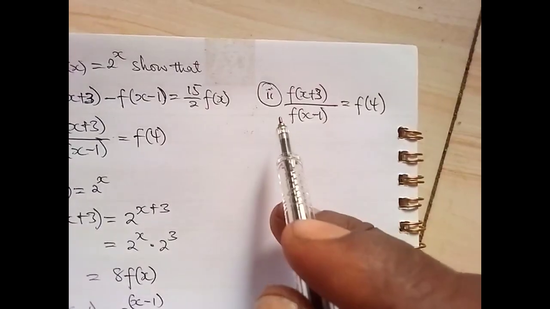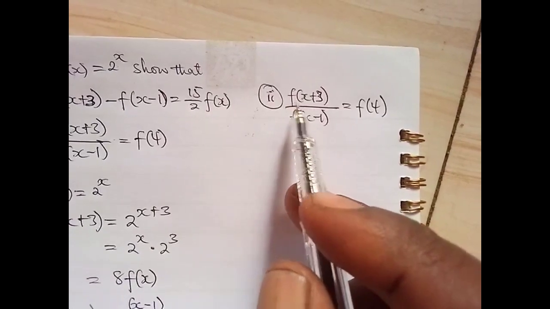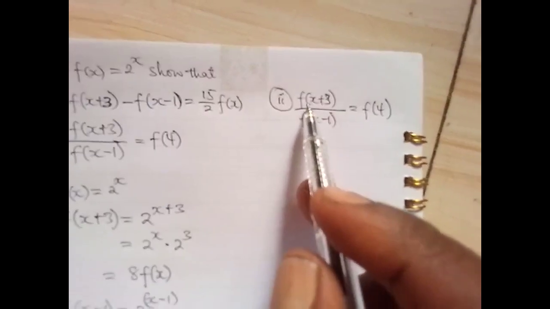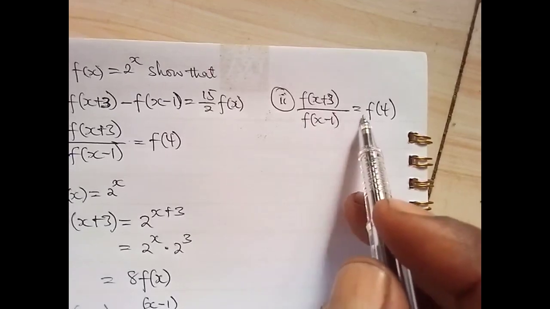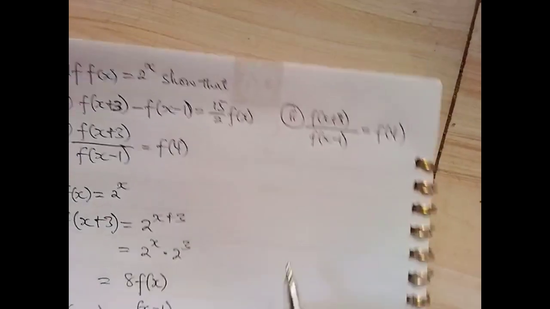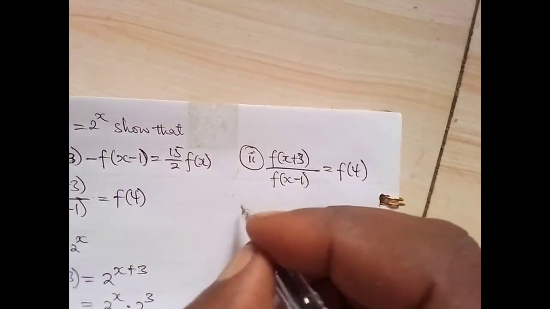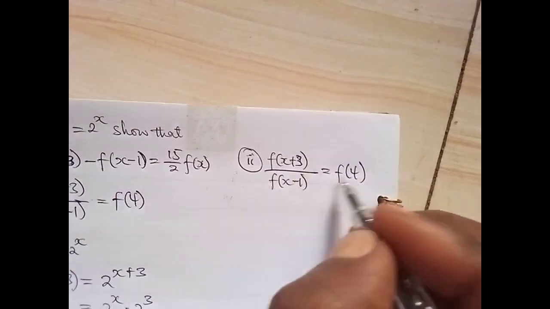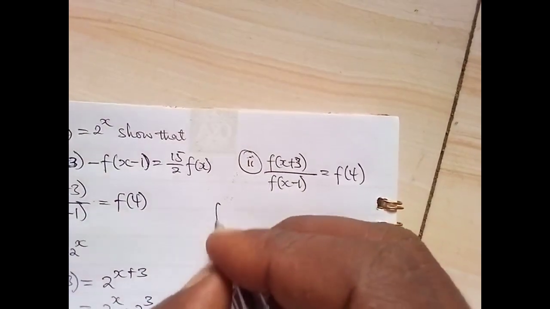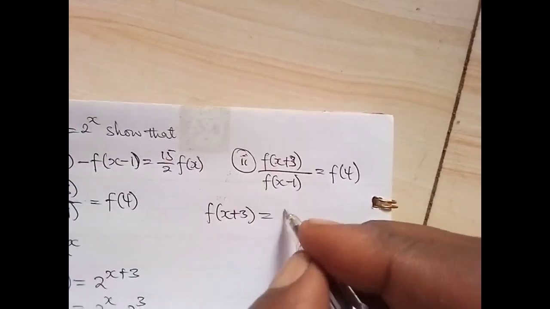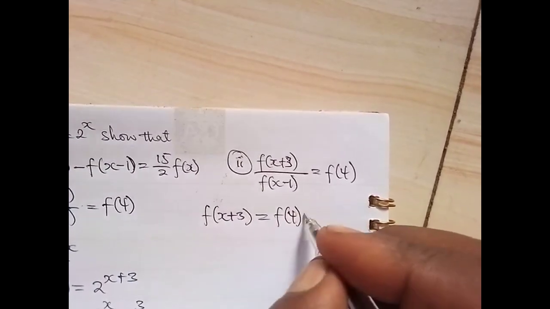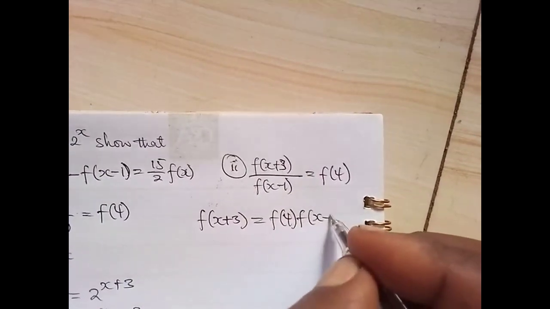The second question on that same one says we should prove that f of x plus 3 over f of x minus 1 is equal to f of 4. What we need to do here is cross multiply. We will have that f of x plus 3 is equal to f of 4 times f of x minus 1.